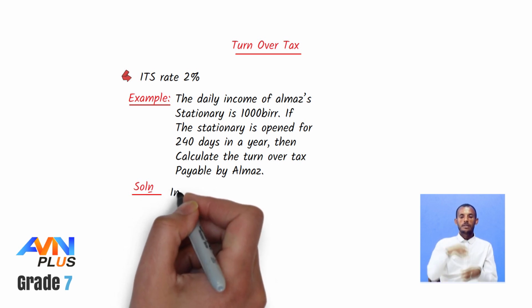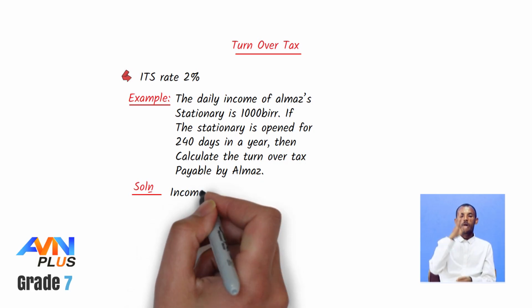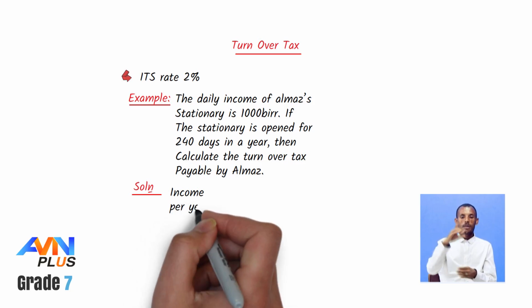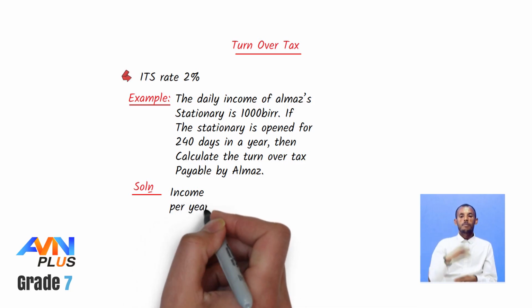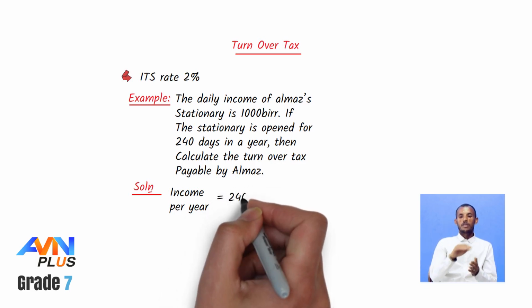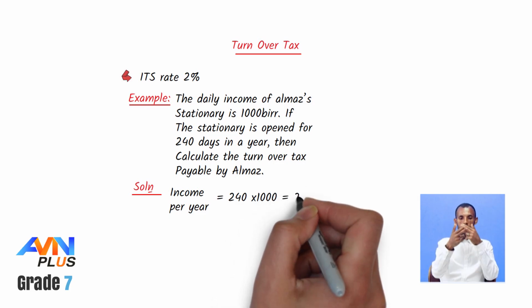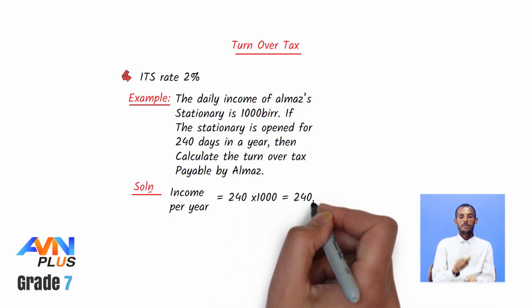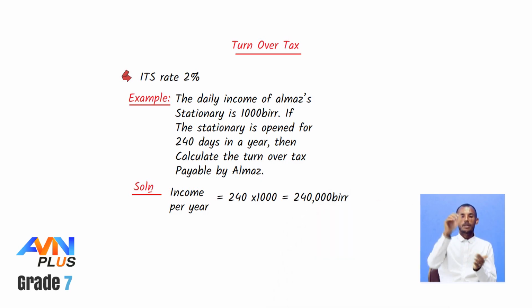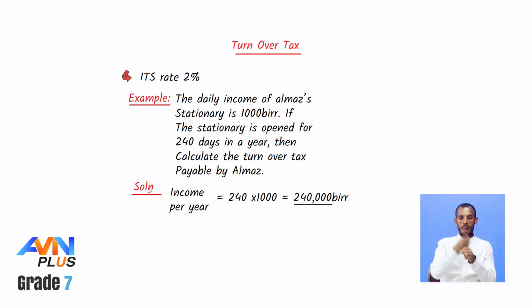Therefore, the total income, the product of the two, is 240,000 birr. This is the annual income of Almaz Stationery.